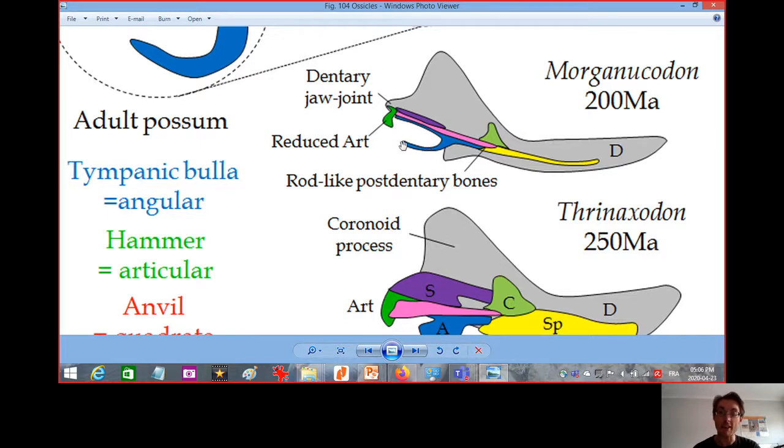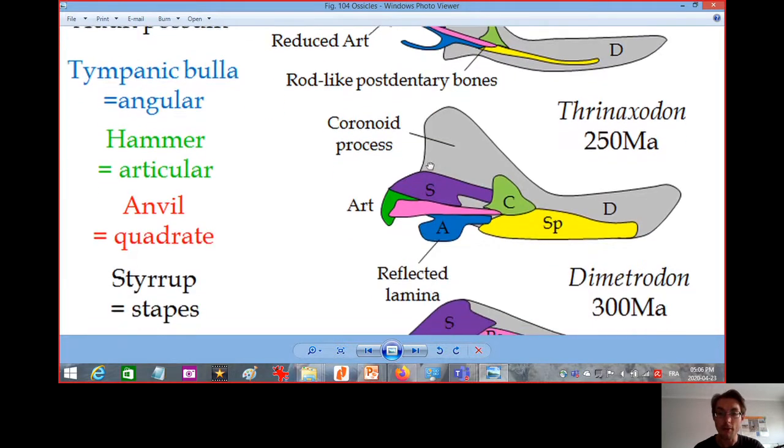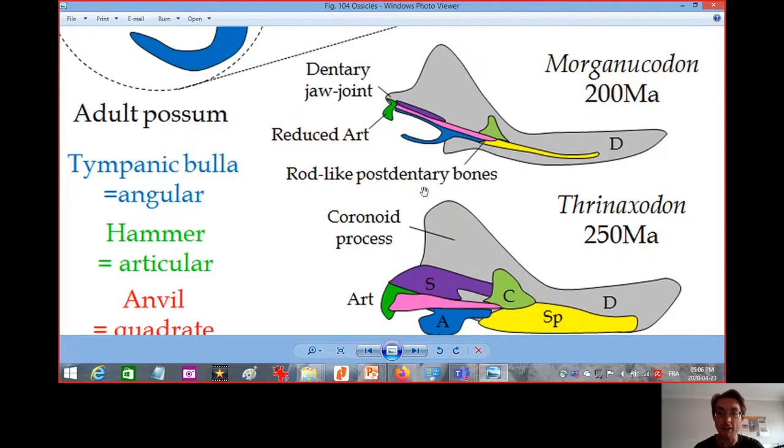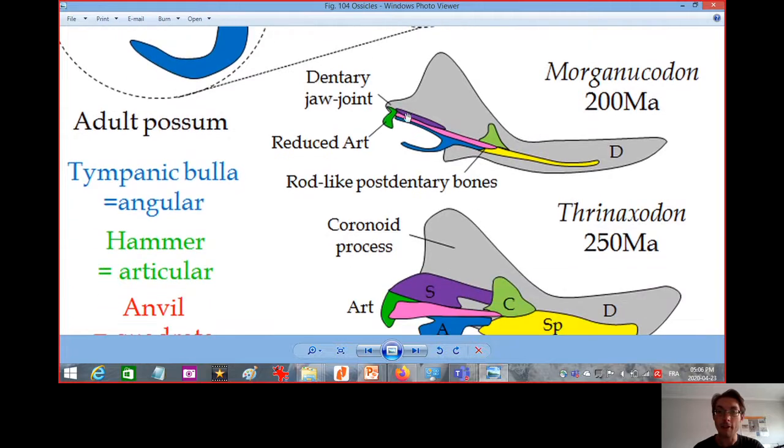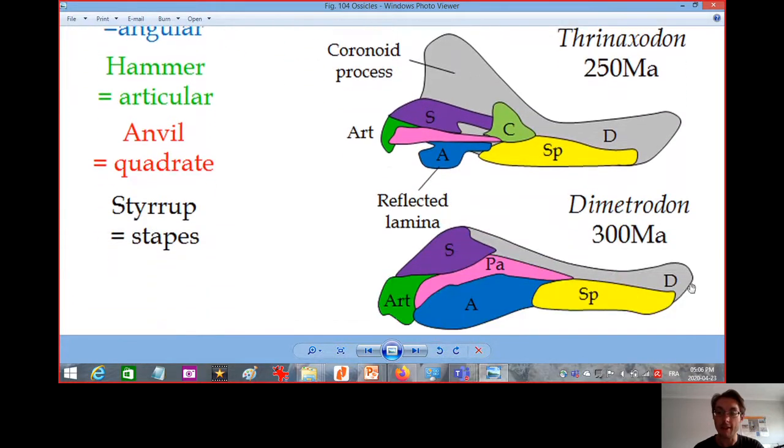So that hooked process would be the support of the tympanic membrane, sorry, not the bulla. The bulla would be that thing, and the membrane would be here on that hook. That's how the reflected lamina turned into the tympanic bulla, because the tympanic membrane appeared at this level here.